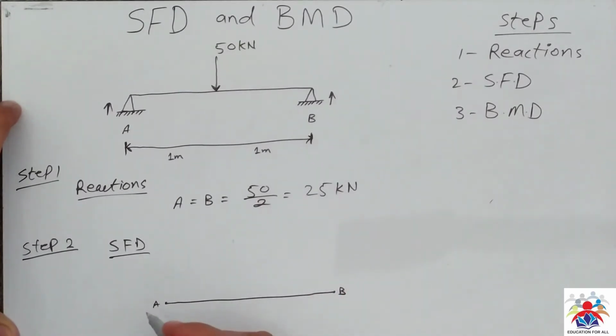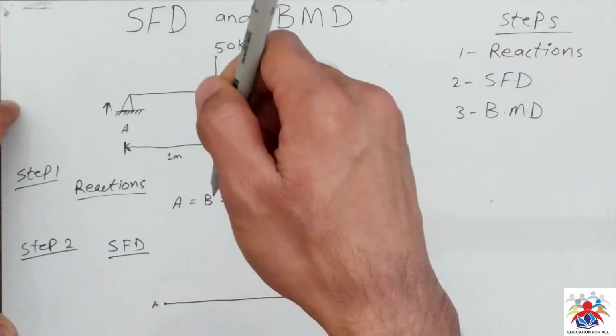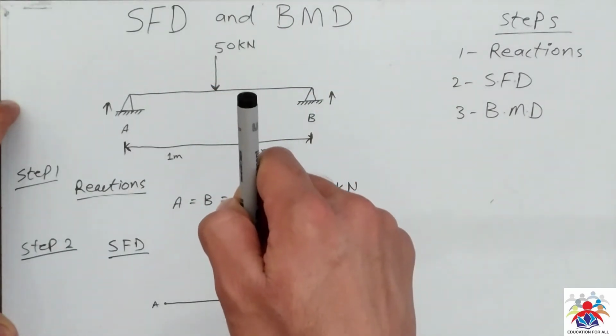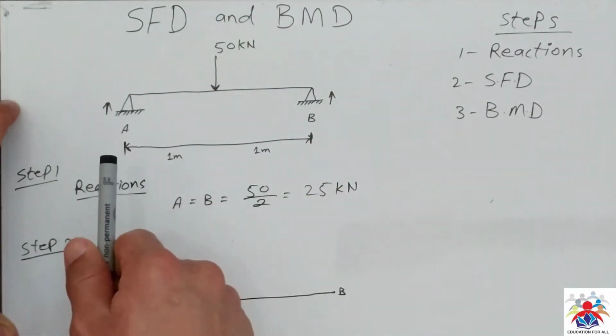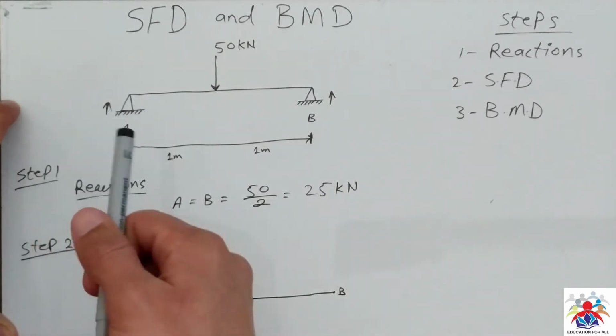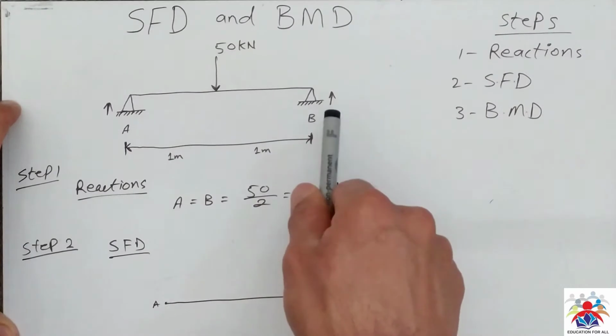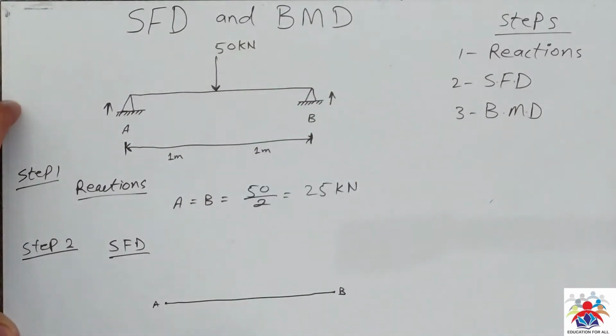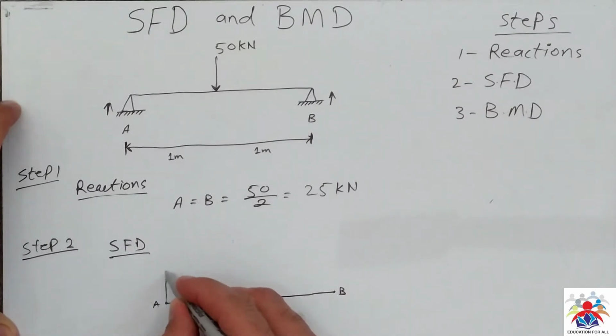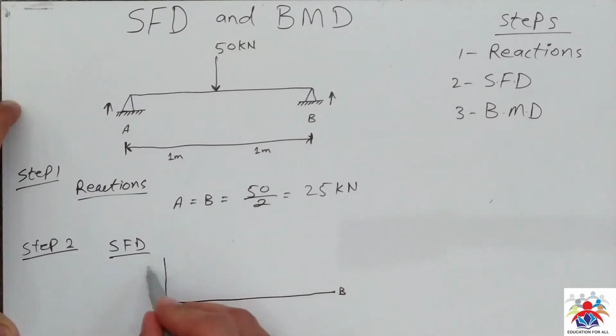So it means 50 kilonewton is acting downwards, trying to push our beam downwards, and 25 kilonewton at point A is pushing upward, and 25 kilonewton at B is pushing upward as well to make our beam stable. So let's say 25 kilonewton, we will go up. So this is 25 kilonewton.